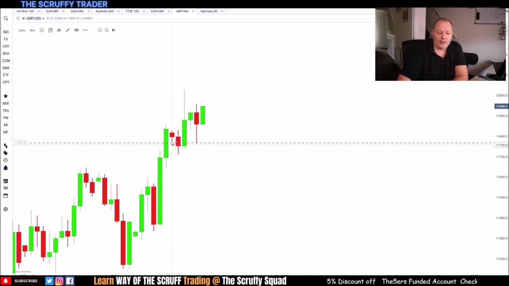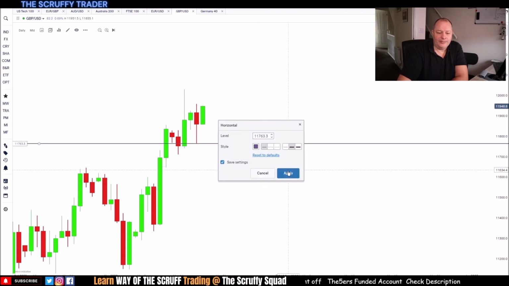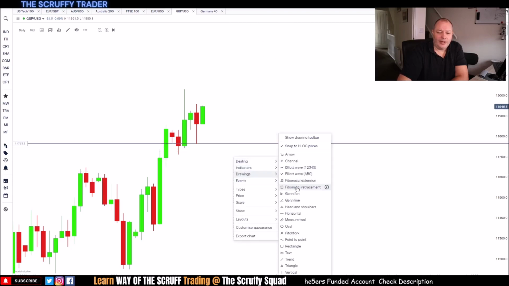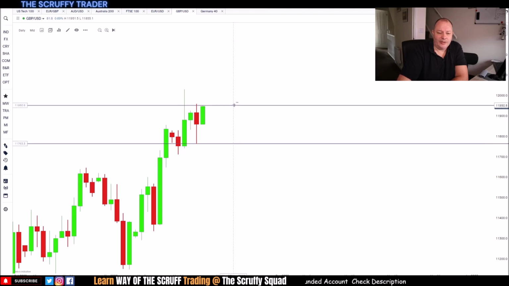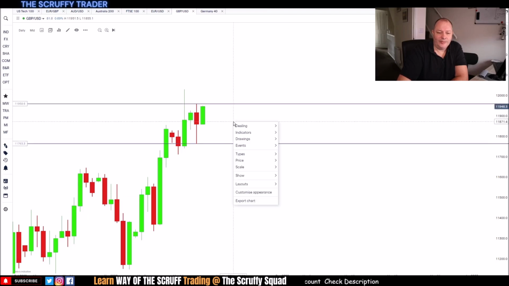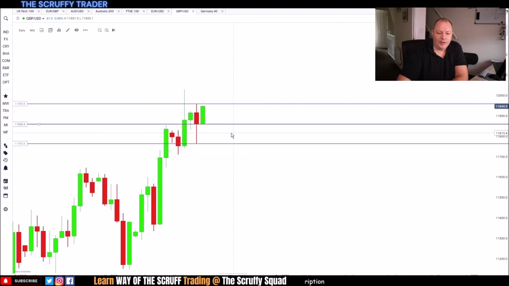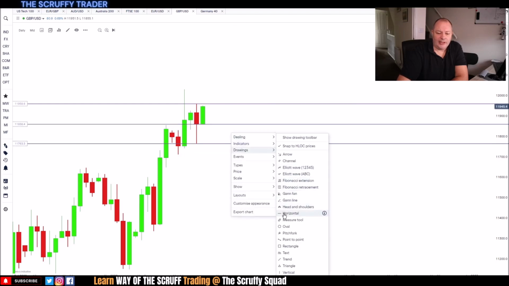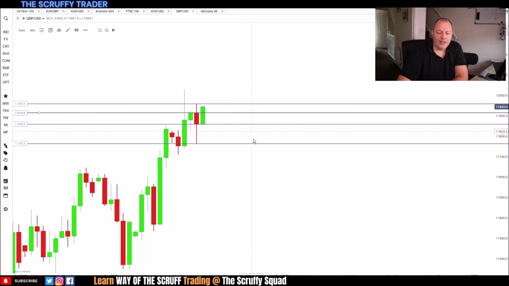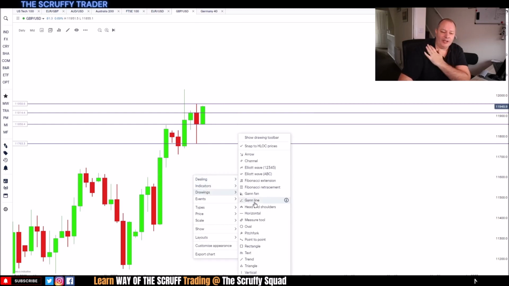So it'll be the lowest point the market has been to, the highest point the market has been to. Then you want the open and close, which is the baselines of the bodies, which is here. But there is actually a fifth level, and it is the midpoint.